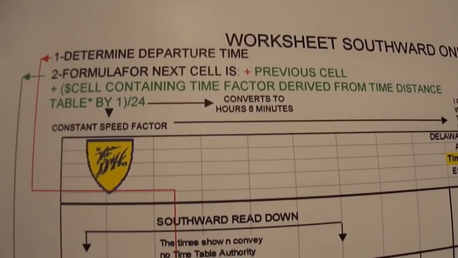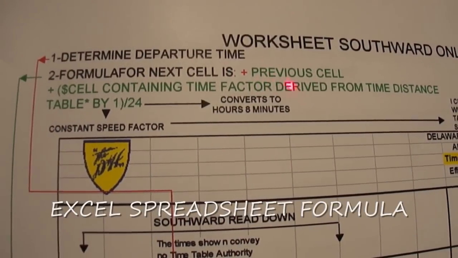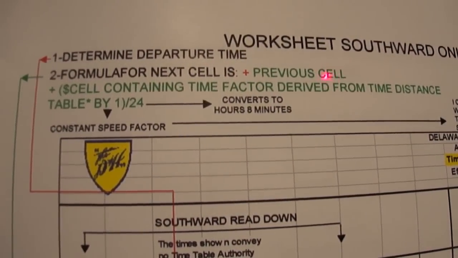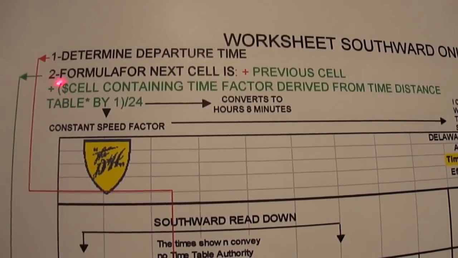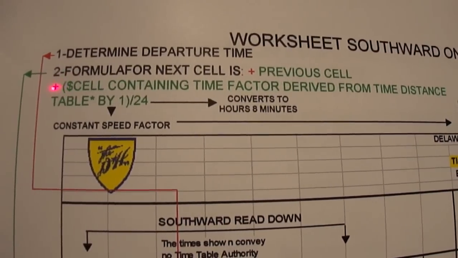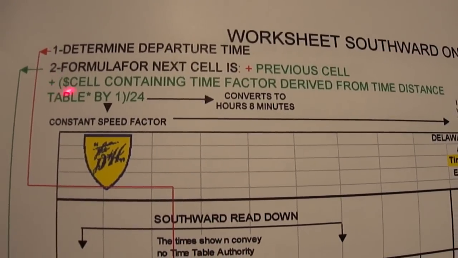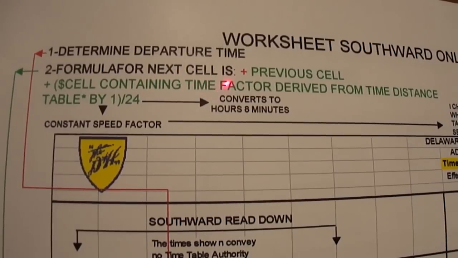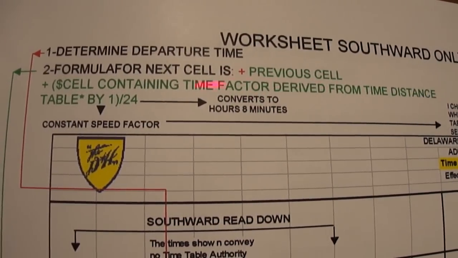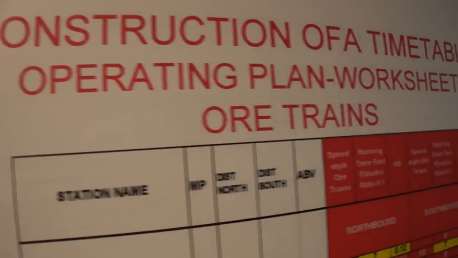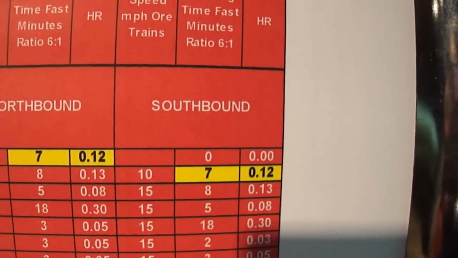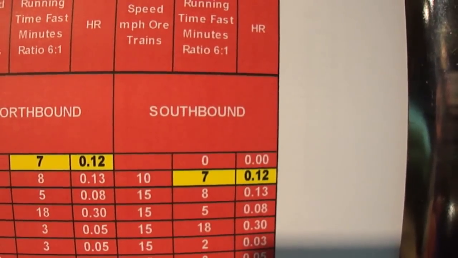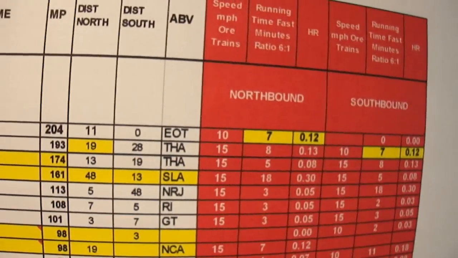The formula is the previous cell, which is the departure time, plus the cell containing the time factor derived from the time distance table. The dollar sign is used to maintain a constant, a tool used in Excel. This is the number here, southbound 0.012. Remember, it's our 7 minutes converted into a time factor.